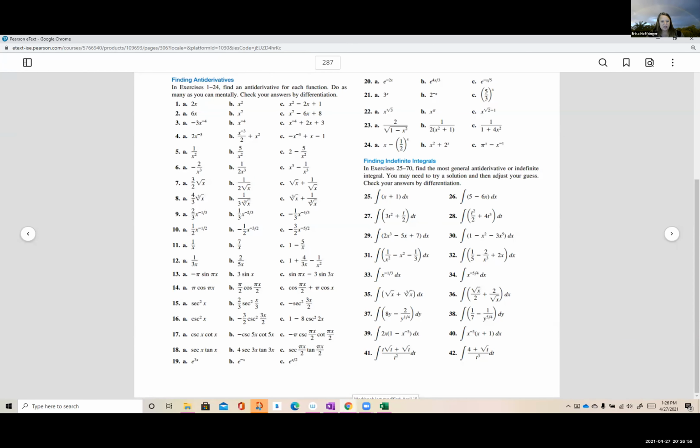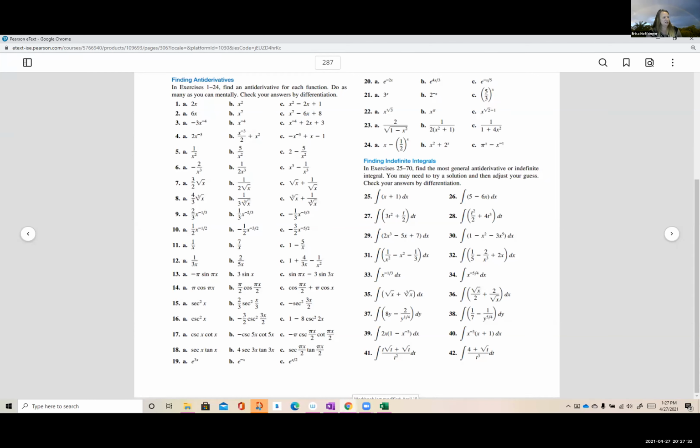We're quickly looking at some of the beginning problems in our textbook at the end of this section, problems 1 through 24, A through C. Find the antiderivative for each function. Do as many as you can mentally, without any of the formulas yet.